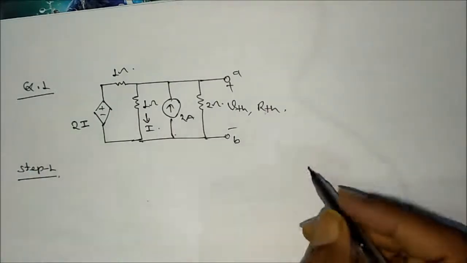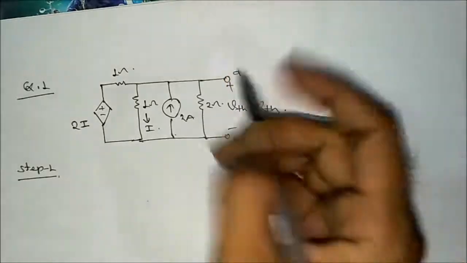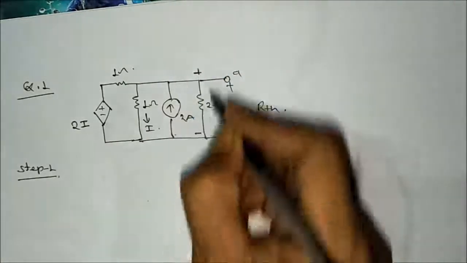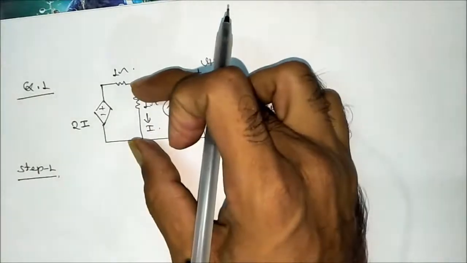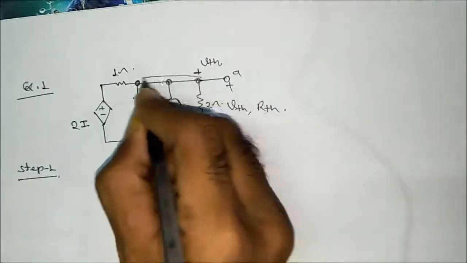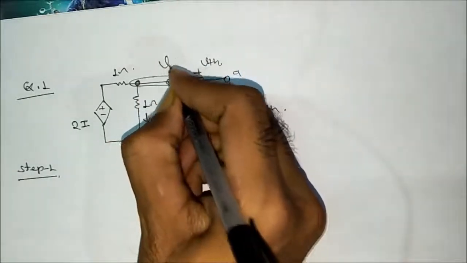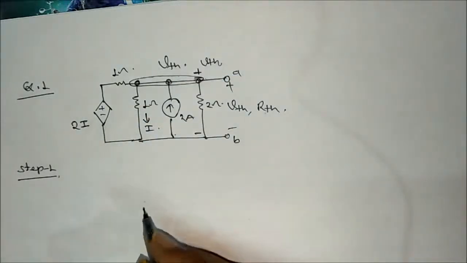Step 1, I've already told you, we have to calculate VTH. If you want to do the calculation for VTH, this voltage is VTH, this will also be VTH, this will also be VTH. So I can say that these three nodes have a VTH voltage. Now just apply nodal analysis.